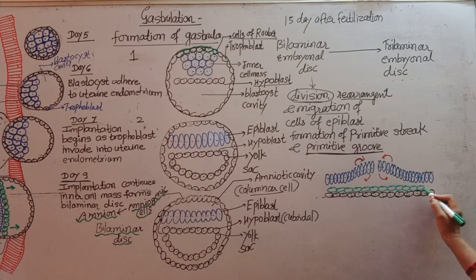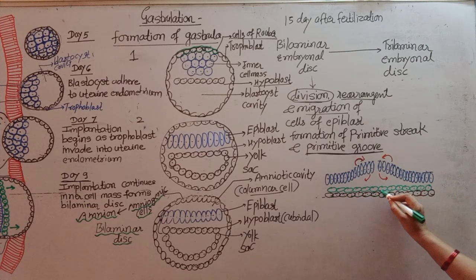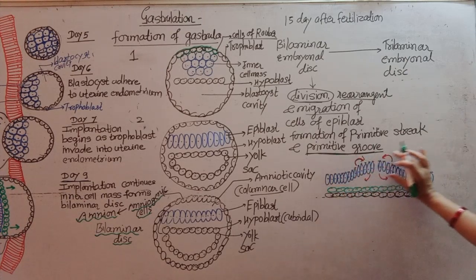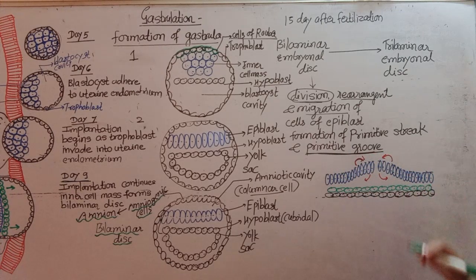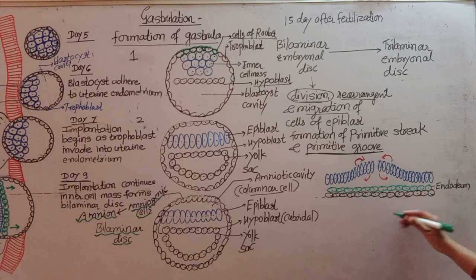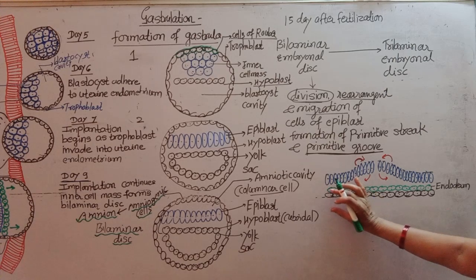These cells, which I am showing by green color, originate from epiblast, and this layer is called endoderm. So this is embryonic endoderm, and formation of this embryonic endoderm pushes the hypoblast layer and arranges it here.